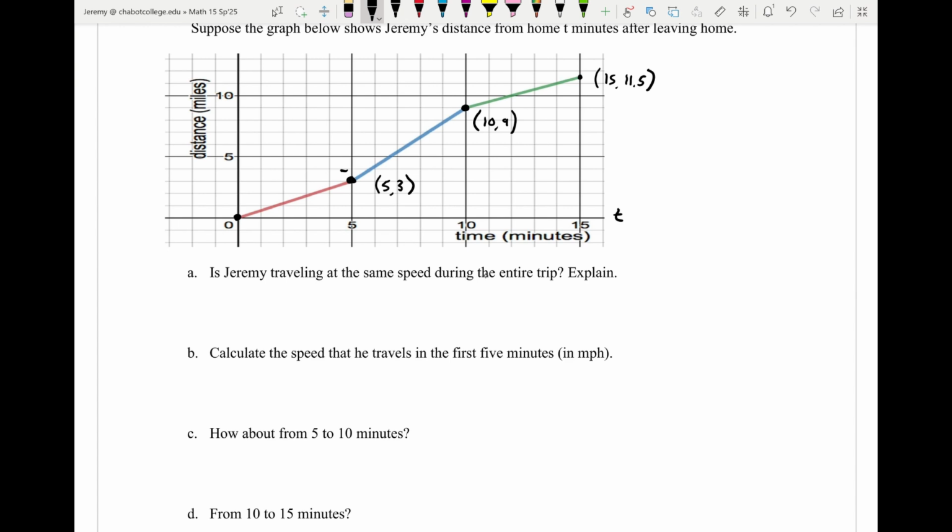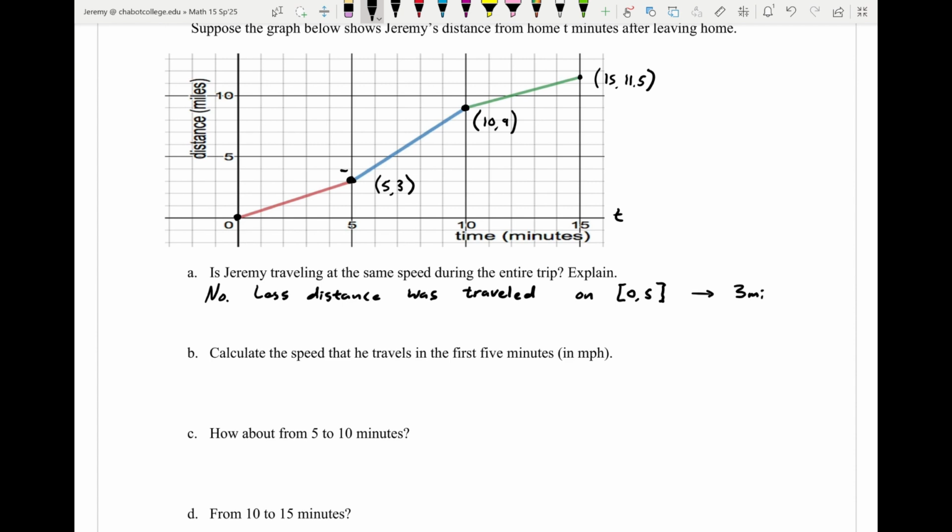So I might say here, no. I'll say less distance was traveled on the time interval, and I'm just going to use interval notation here, on 0 to 5. Right, like we just said, over that interval of time, I traveled 3 miles.